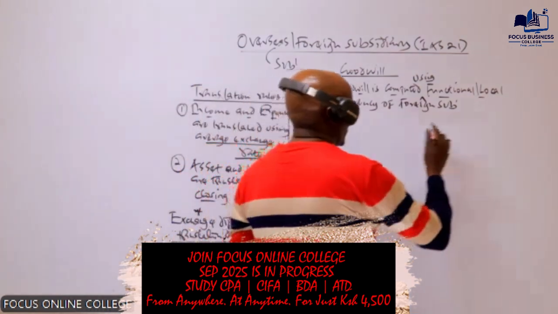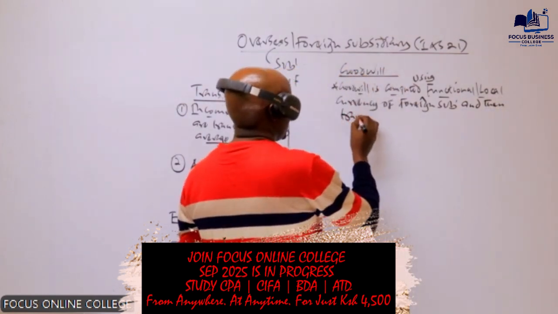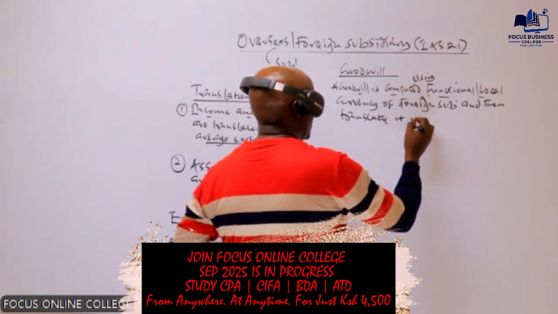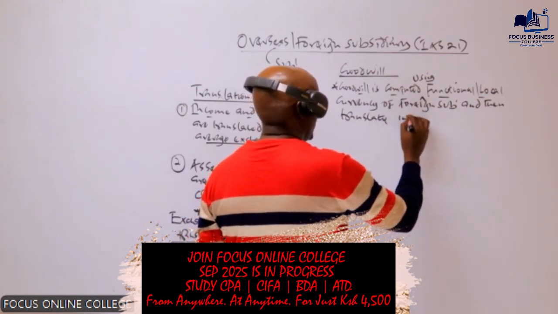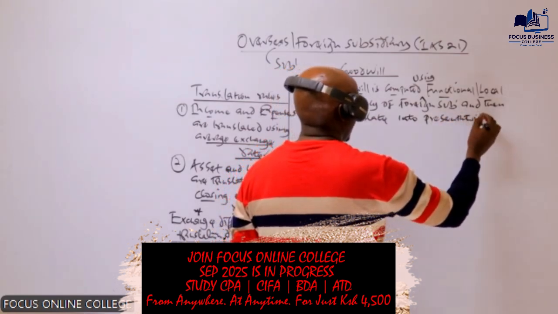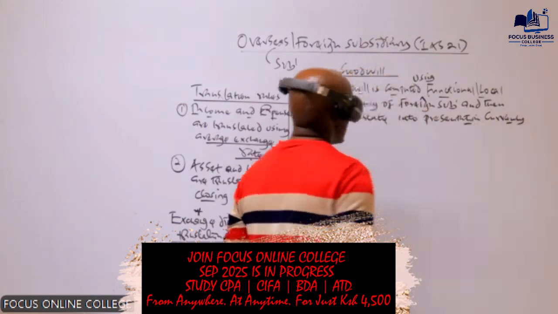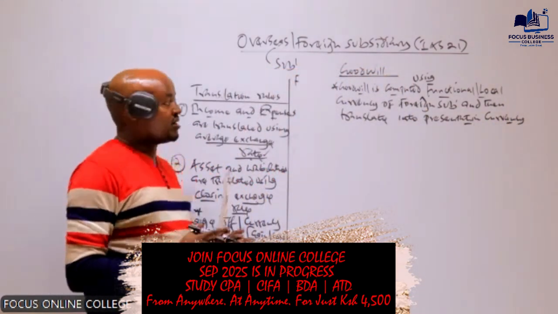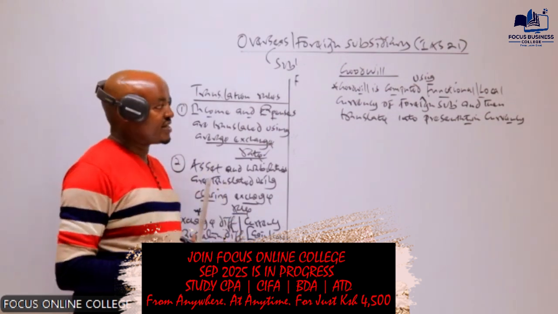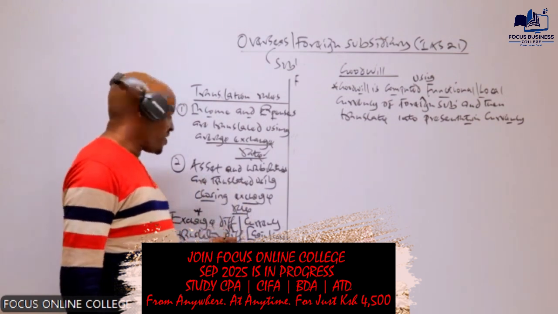Compute that using Rwandan franc, and then translate it into presentation currency. Translate that into presentation currency. So compute the goodwill using the functional or local currency of the foreign subsidiary, then translate it into presentation currency. In the process of doing that, we have an exchange difference.